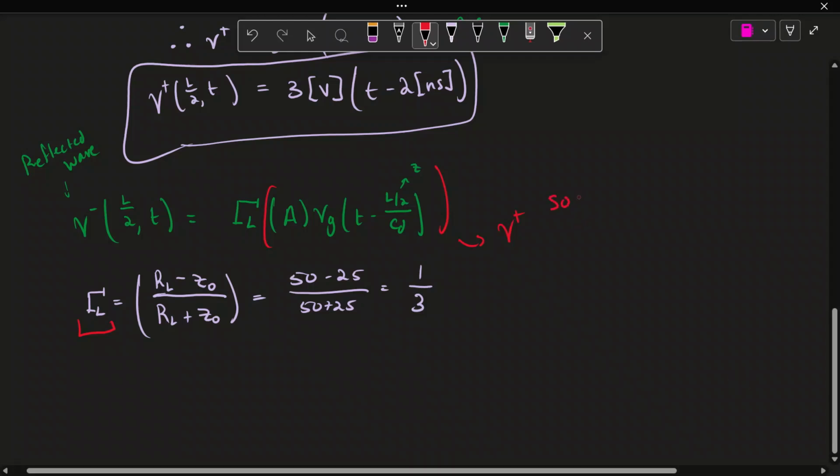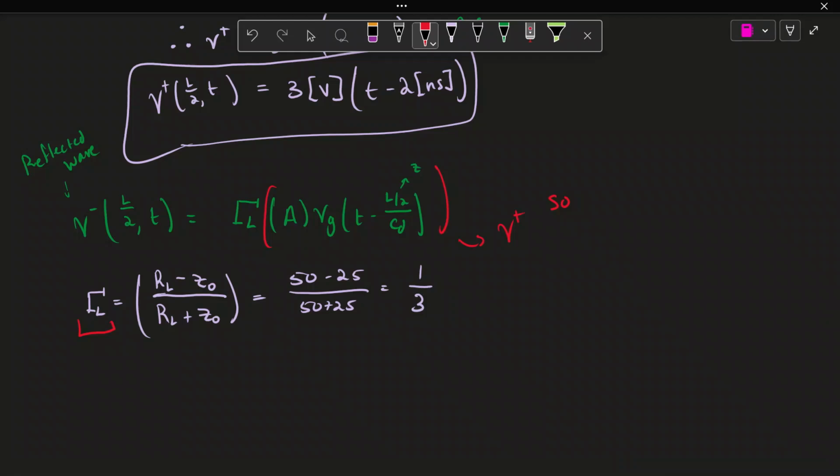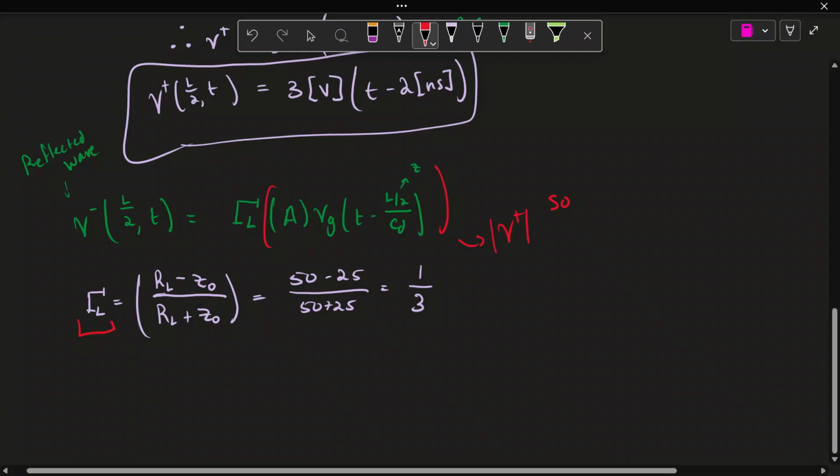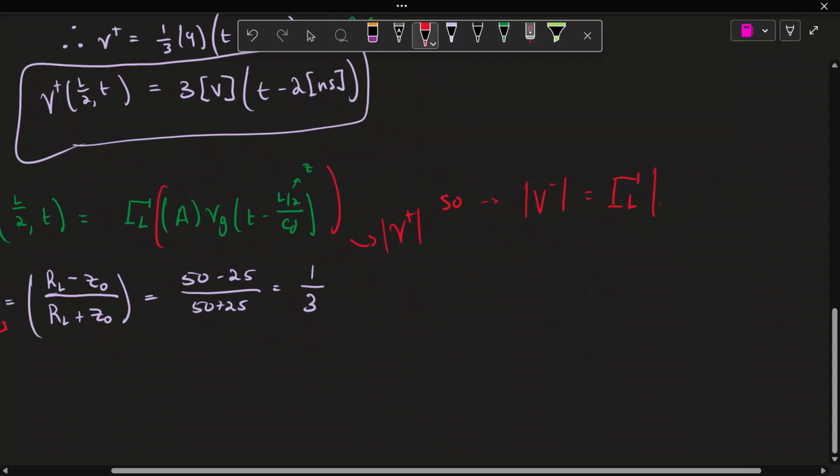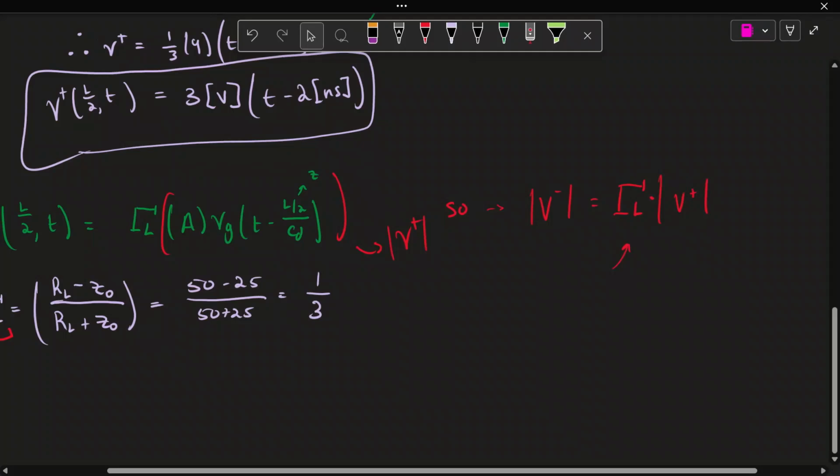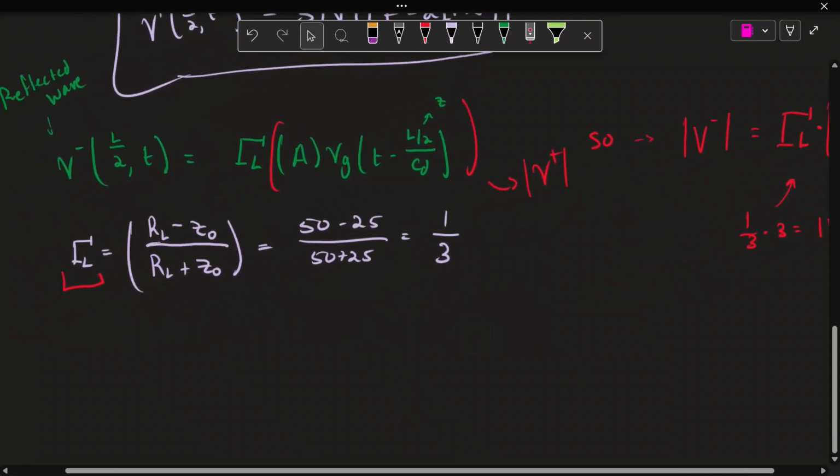It won't be exactly V plus because our time shift is different, but for the amplitude, let me rewrite this. The amplitude of V minus is equal to this coefficient times the amplitude of our V plus. What was our amplitude of V plus? 3. So we do 1/3 times 3. So our amplitude for our V minus is 1 volt. And I'll show y'all here how the math works out.